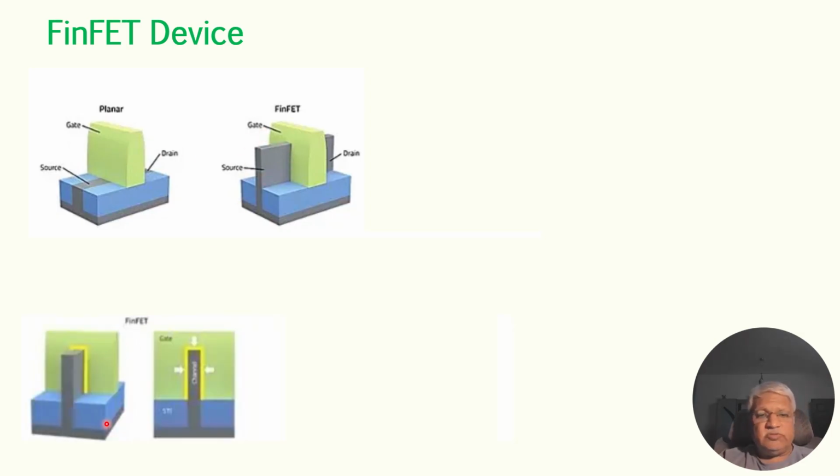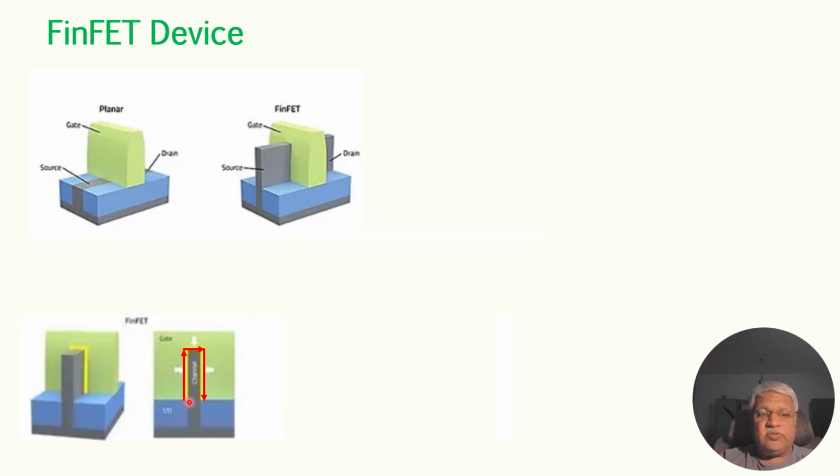So if you see here, the yellow thing shown here is the gate oxide. This gate oxide is present in three places, and the gate is surrounding the fin, and this is the fin. The oxide is around it. So here you will see one thin oxide going like this, and the gate is all around here. Don't get into that GAA. Here, the gate is surrounding on three sides.